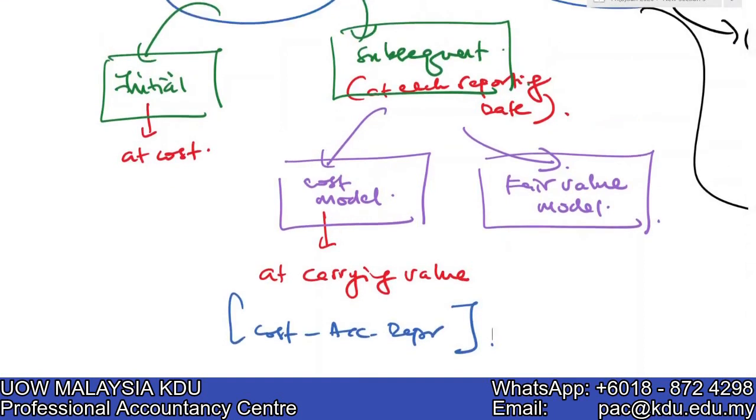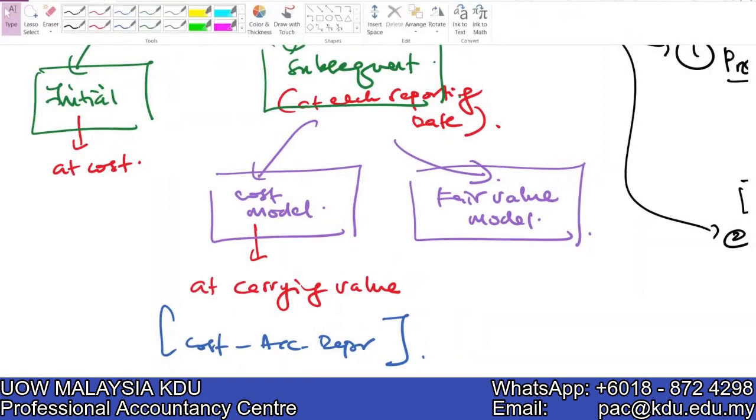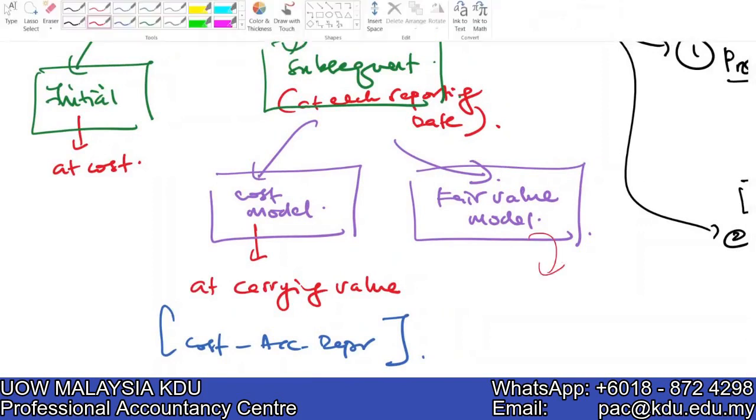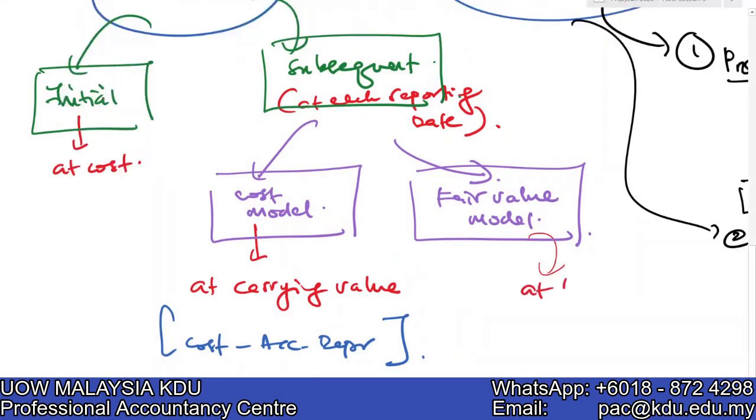If I use the cost model, my investment property will be measured at carrying value, which is cost minus accumulated depreciation. Okay. Fair value model means at each reporting date, my investment property will be measured at fair value.